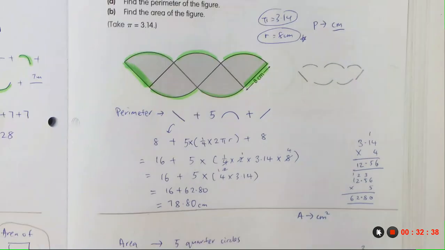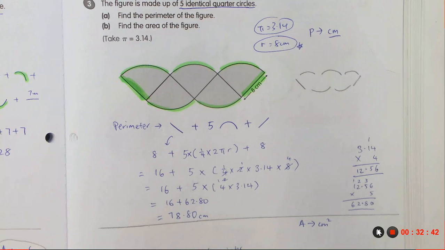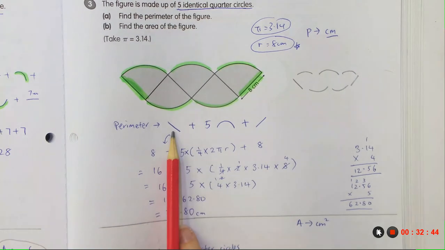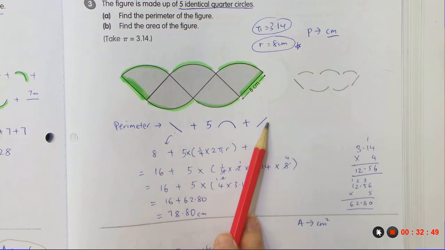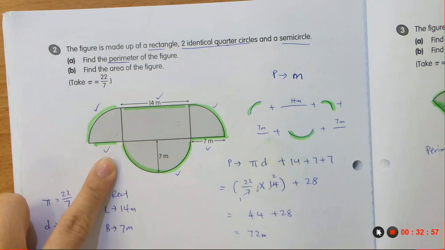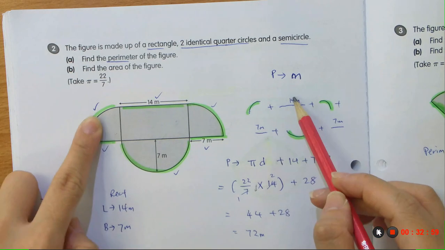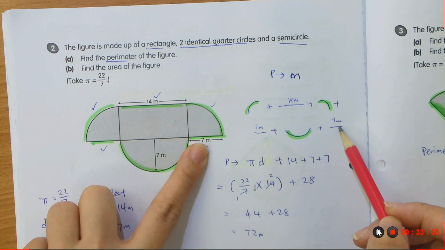Question 3. Are you able to understand what I mean by I draw a line here, then I write 5 arcs, then draw another line? Then you notice that when I'm doing this shape, I tick and I check.